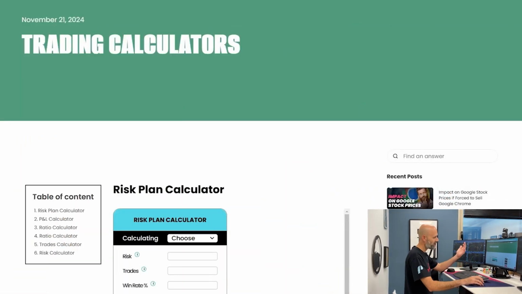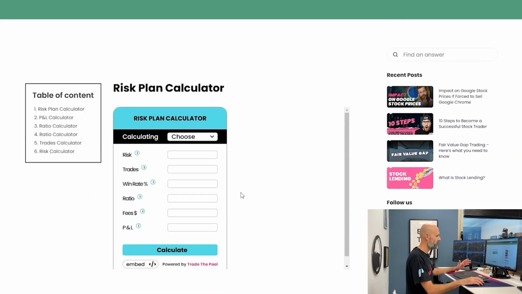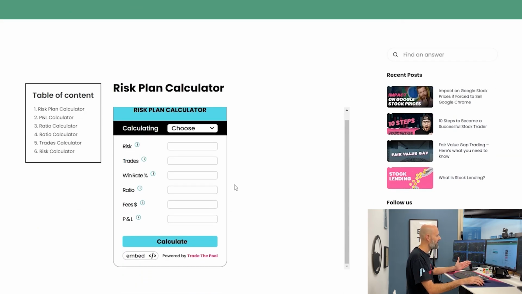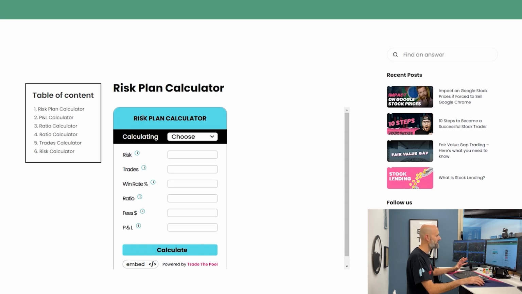So as you can see, we called it trading calculators, and we have a few of them. We'll go one by one. The first one that I'm looking at is here, the risk plan calculator. Basically, the first thing I need to do is choose what type of calculation I want to create, right?